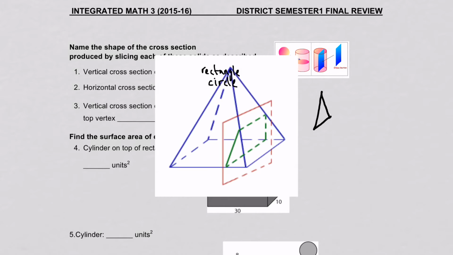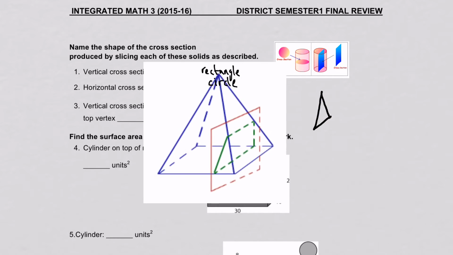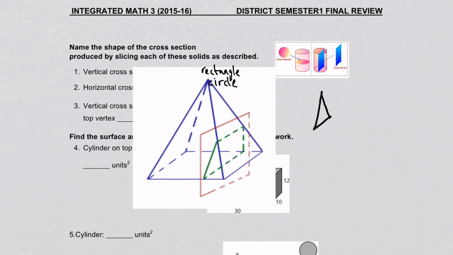I'm going to add that one. This is the one that we are looking for. If you look at this image right here, there's a cross section, but it doesn't cross through the top vertex, but it still creates this shape as it cuts through. You can see that shape highlighted in green right there. Let me go through it in black as well so you can see it.